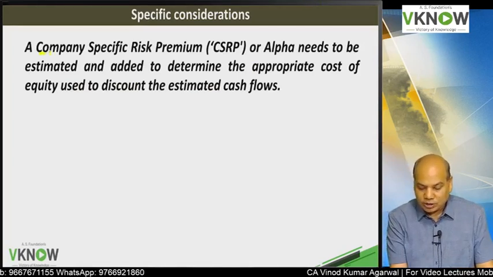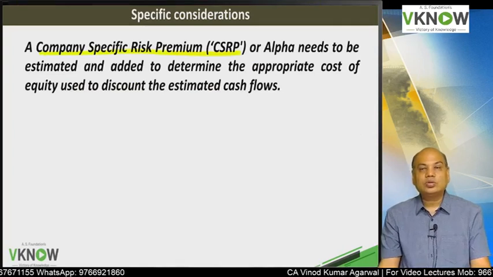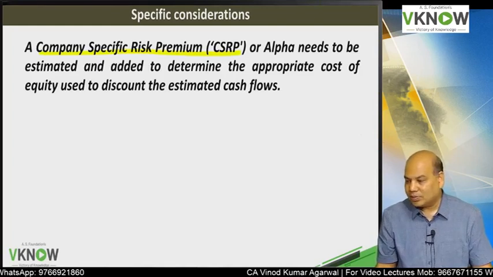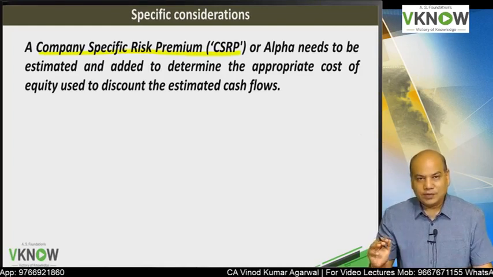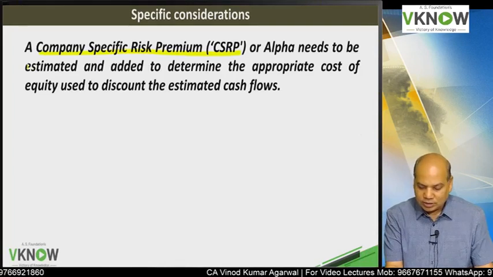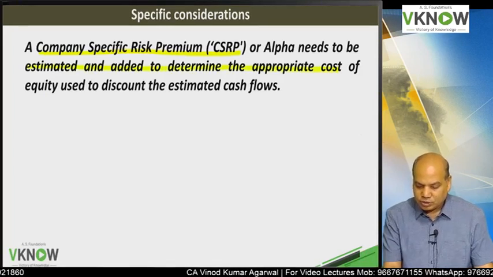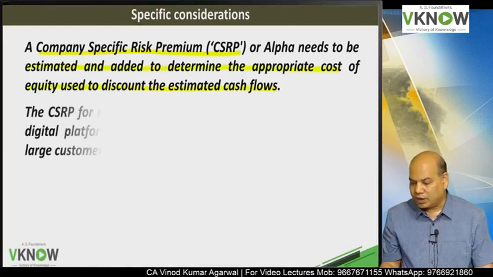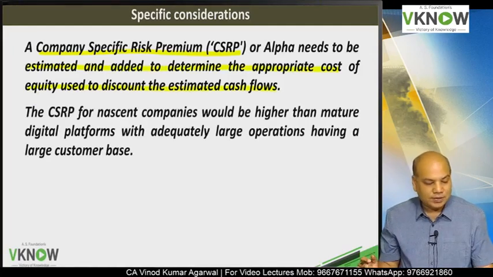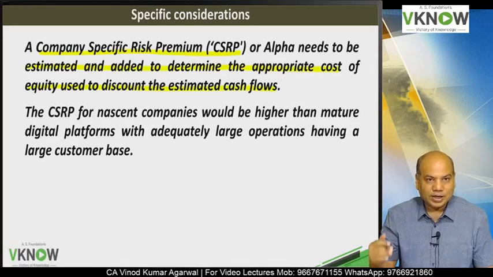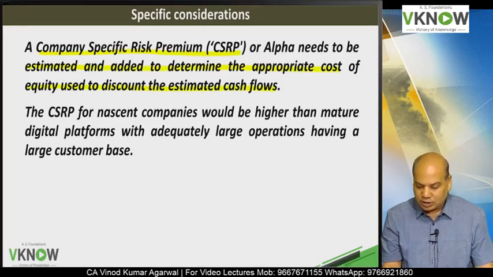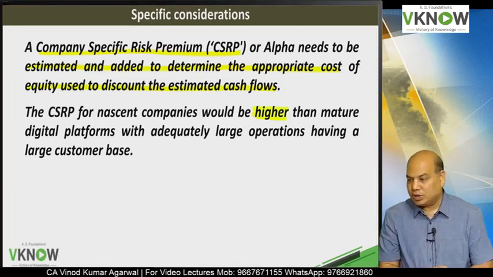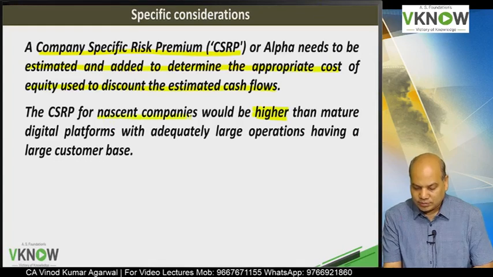While computing the discount rate, one has to also look at company specific risk premium, CSRP, because it can vary from company to company, and for some businesses the cost of capital can be very high. So if you find a particular company to be very risky, the premium to be added to your cost of capital will be very high, and that is what they have written also here, that this premium will be very high for new companies.